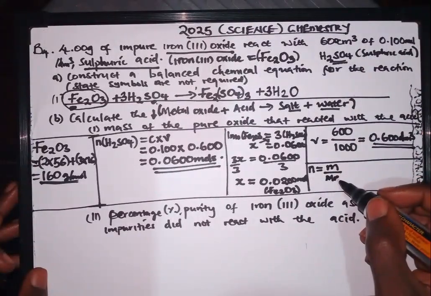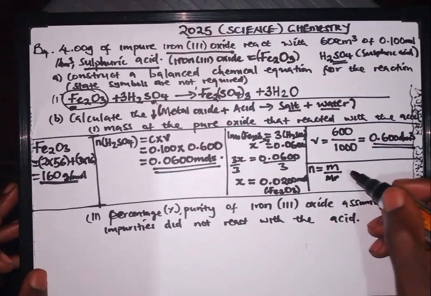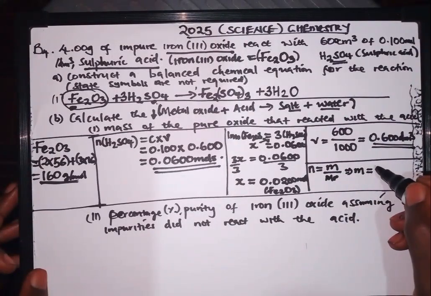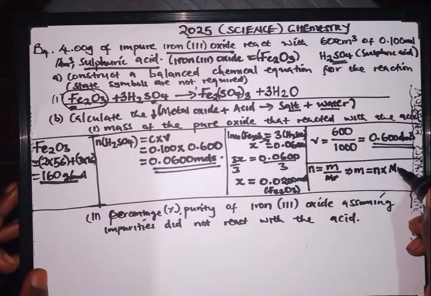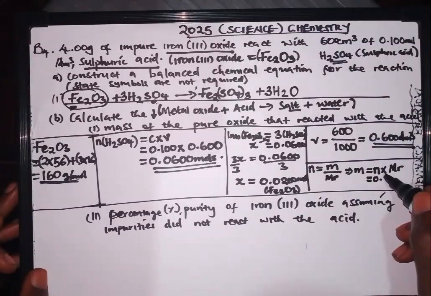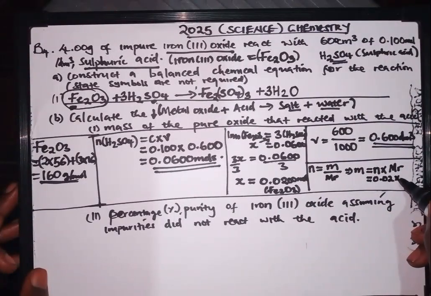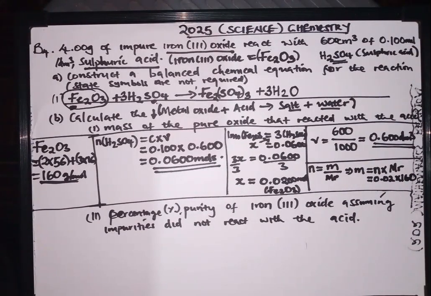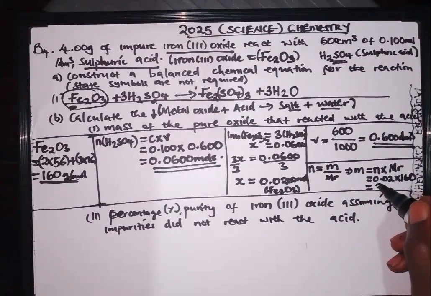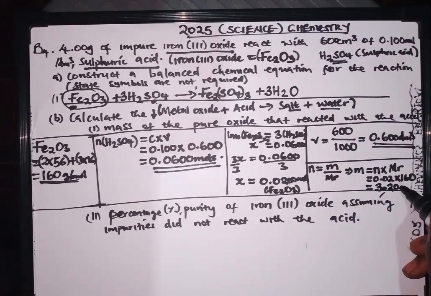But the molar mass and the number of moles we have, so our formula changes to mass is equals to number of moles multiplied by the molar mass. Then the number of moles which we have is 0.02 multiplied by 160, which is our molar mass. Then if you multiply the two, you find that your mass will be 3.20 grams.